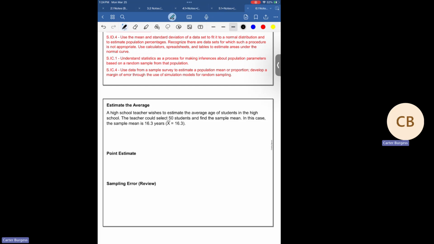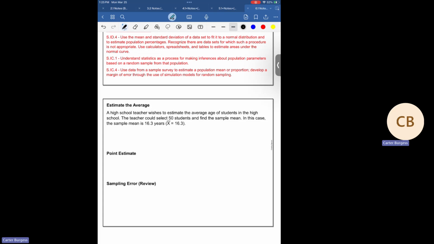So the mean, not of the population, because that's what we're trying to figure out, but of the sample is 16.3. Now, given that the mean of this sample is 16.3, what would be our best guess as to what the population mean should be from the information that we have? 16.3, right?